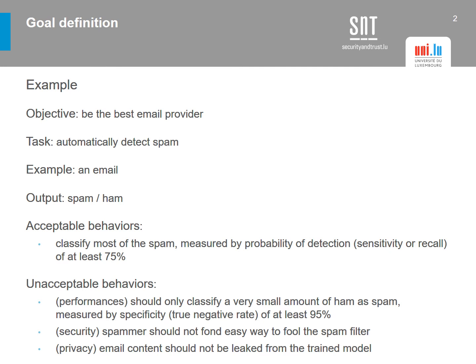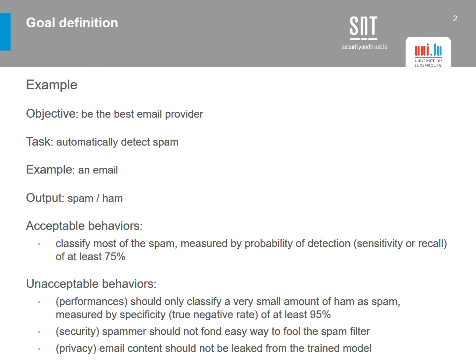So, what are the types of unacceptable behavior that we can find? Well, first, in terms of performance, the spam filtering model can falsely classify only a few emails as spam that are really not spam, because we do not want it to have too many mistakes.